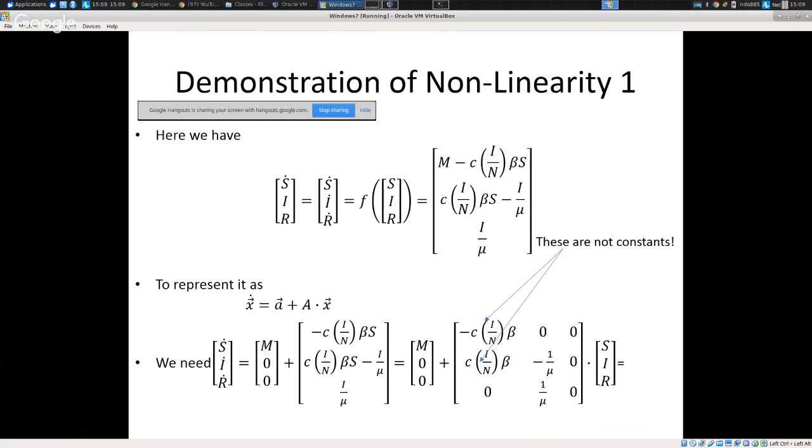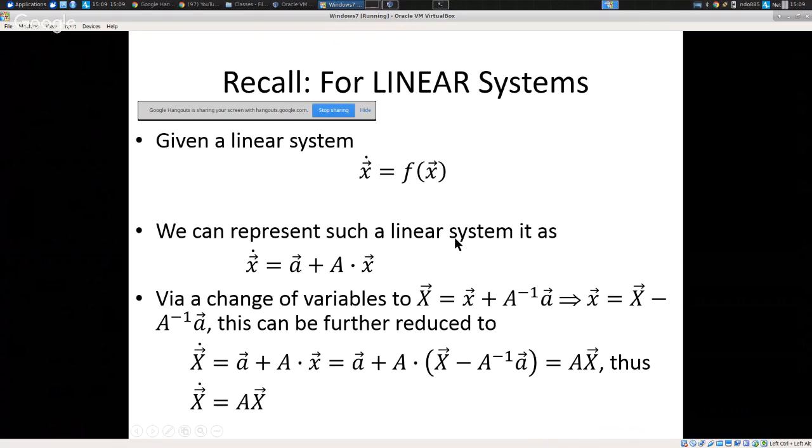In short, the rate of change as multiplied by the current state, or the current behavior of the system when multiplied by the current state itself, depends on the state. So how quickly people are getting infected depends on the state, how many infectives there are. Okay, so this is one sign that it's not linear. We can't nicely decompose it into a vector plus some matrix of constants times x.